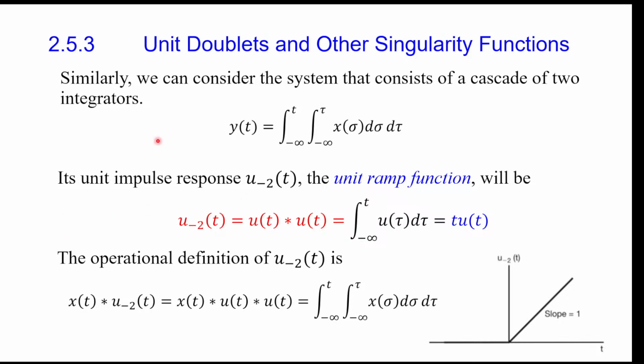Then we can define the unit impulse response of integrating twice, and we call it u minus 2 of t. We call this function the unit ramp function, and it looks like this. You can see why it's called a unit ramp function: starting from t equals 0, it keeps ramping up with a unit slope equal to 1.